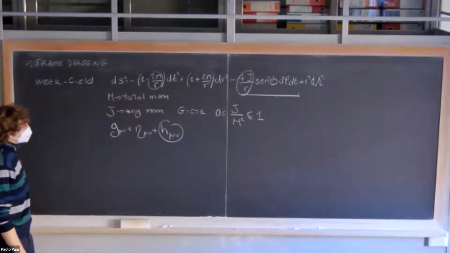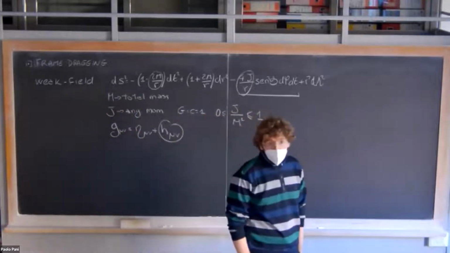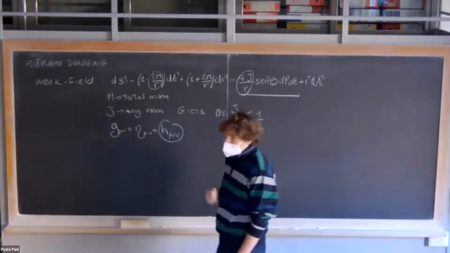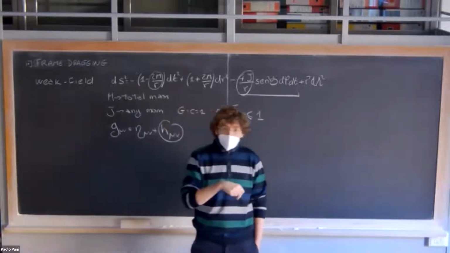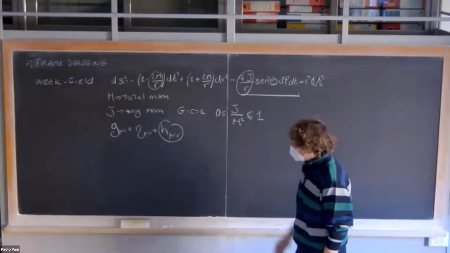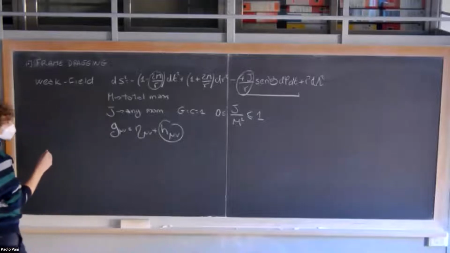What one can study in this geometry is how a gyroscope, a point particle with an intrinsic angular momentum without any external torque acting on it, would move, or would change its intrinsic angular momentum.